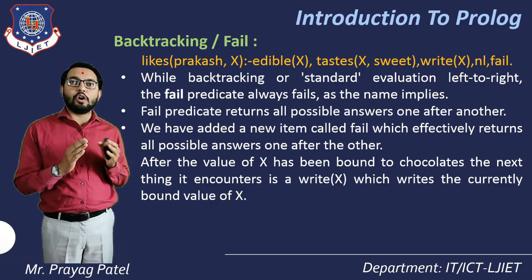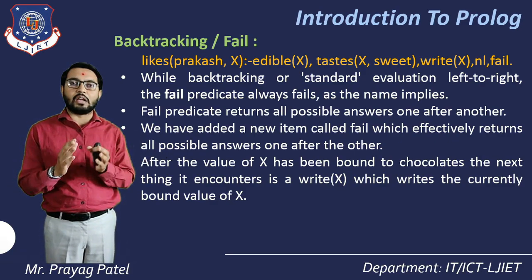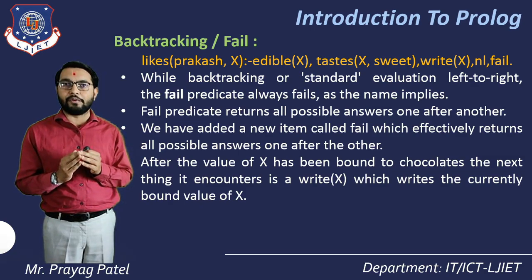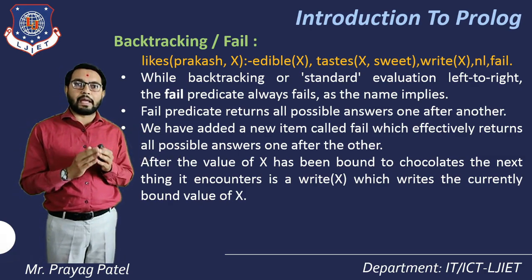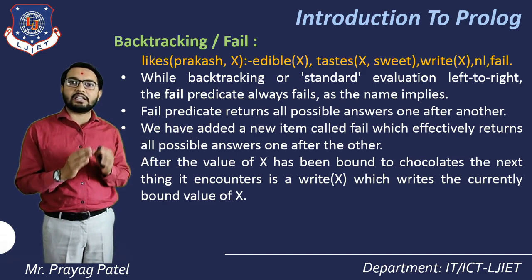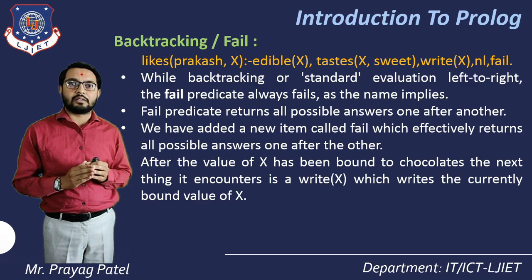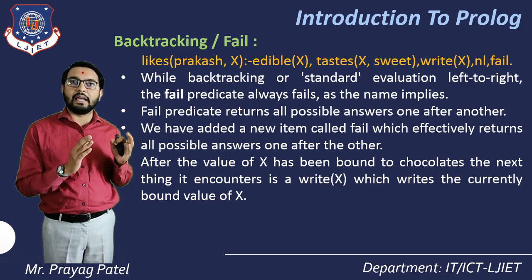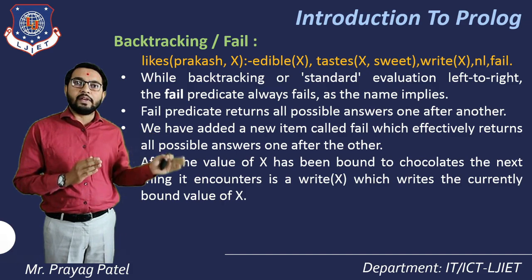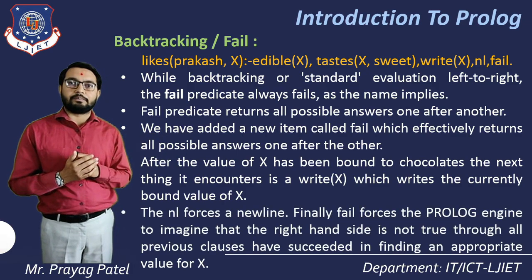After the value of X has been bound to chocolates, we already found the value of X equals chocolate in our previous example. After finding that, the next thing it encounters is write X. So write X is used for displaying chocolates, which writes the currently bound value of X equals chocolate.